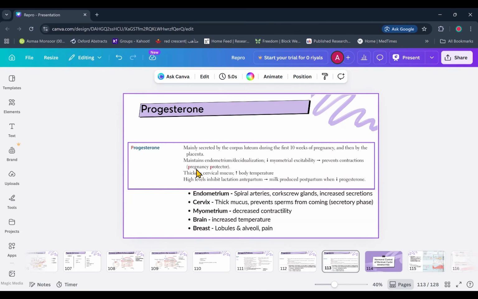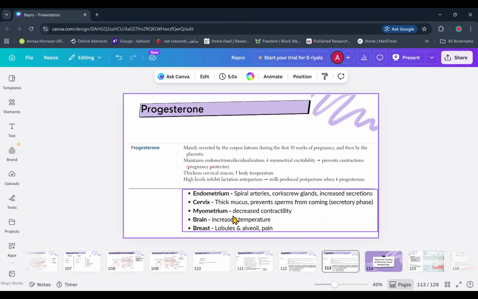Now, one important thing that I want you to keep in mind is that progesterone increases the body temperature. So when there is increased progesterone during the luteal phase, the body temperature is naturally high. And also it thickens the cervical mucus and prevents sperm from entering, because ovulation has already happened. Now you do not want any other sperm to come, whether it's fertilized or not fertilized.